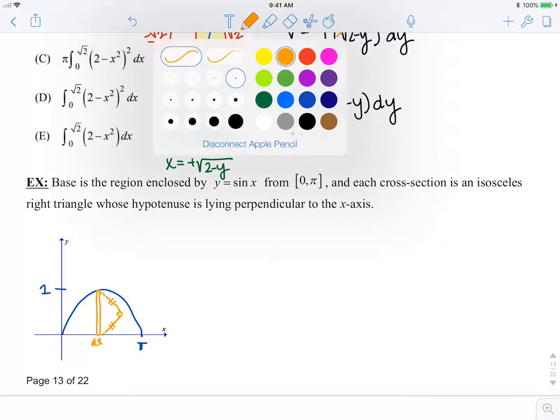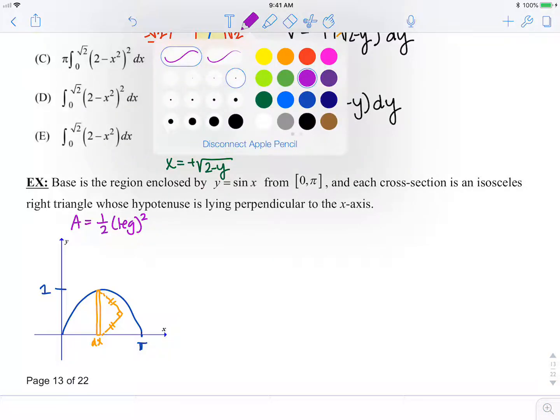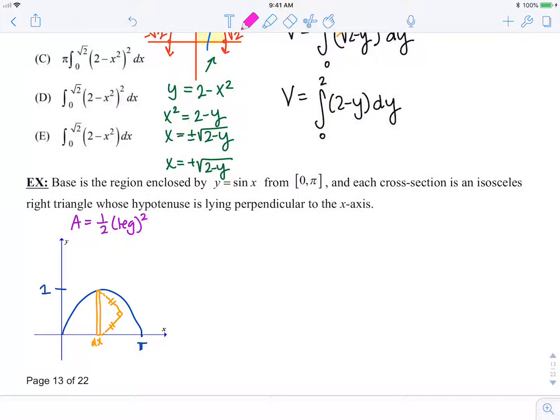So the area of an isosceles right triangle is 1/2 leg squared because the base and the height are the same. In an isosceles right triangle, the hypotenuse is equal to the leg times square root of 2.